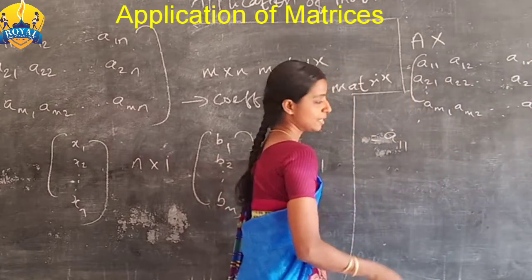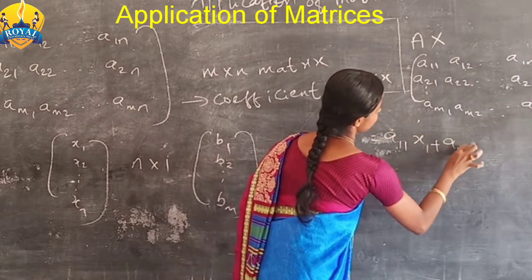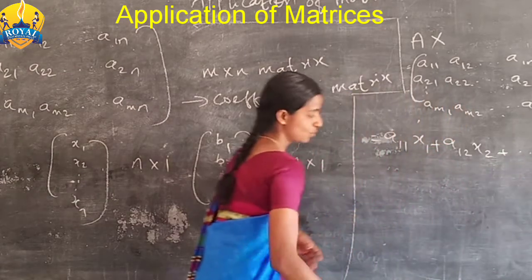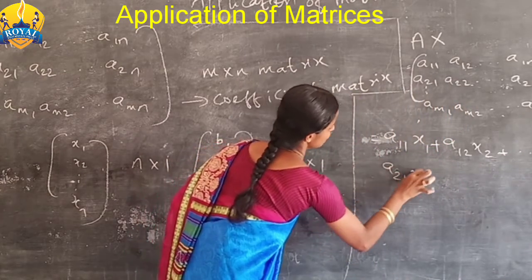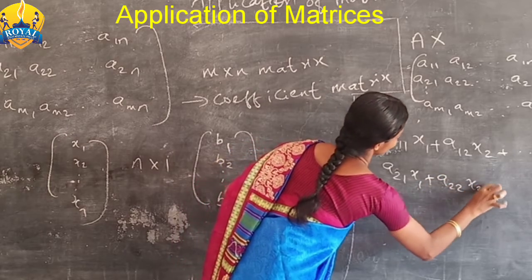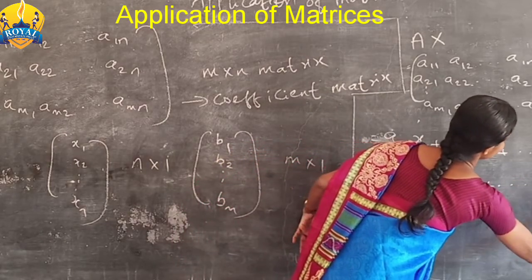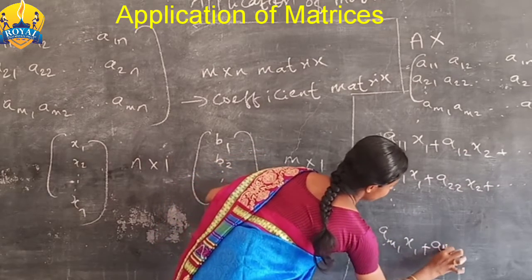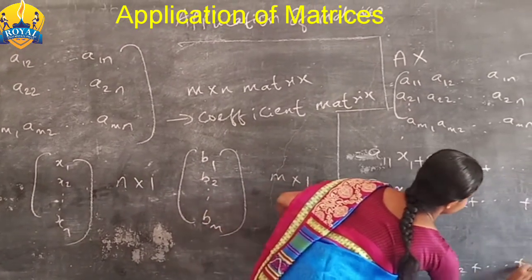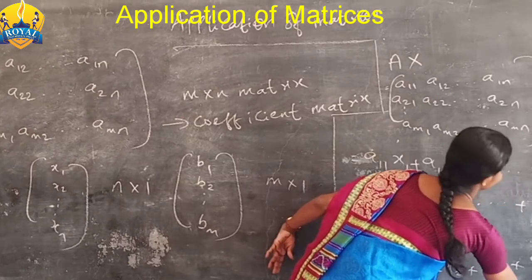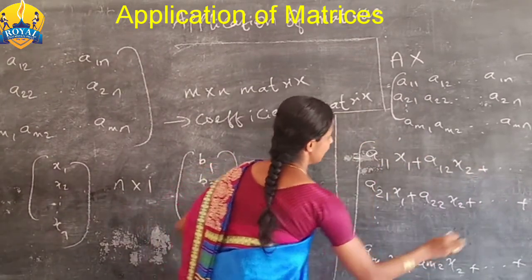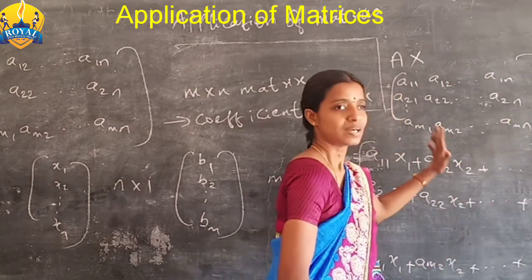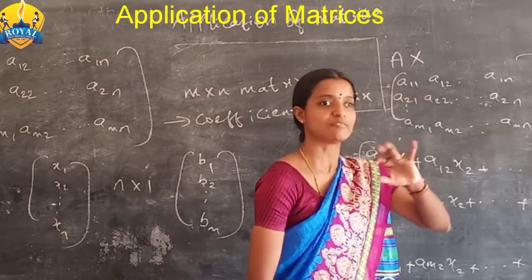Row by column multiplication gives a11 x1 plus a12 x2 plus etc. plus a1n xn, a21 x1 plus a22 x2 plus etc. plus a2n xn, etc. am1 x1 plus am2 x2 plus etc. plus amn xn. Now this is my AX. This is my original system of linear equations that we wrote first.